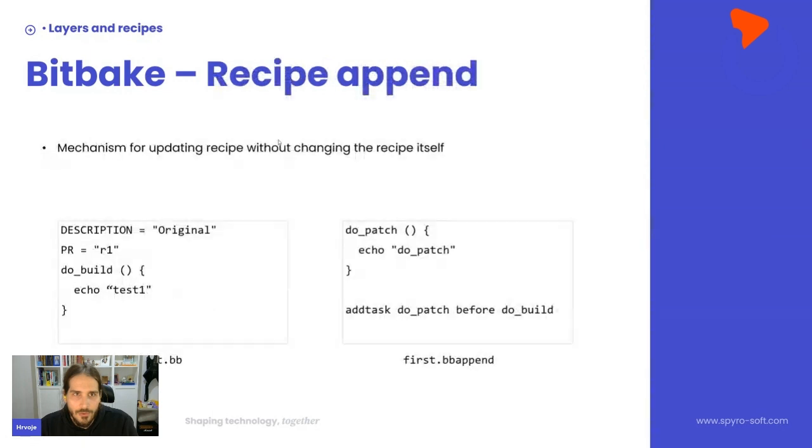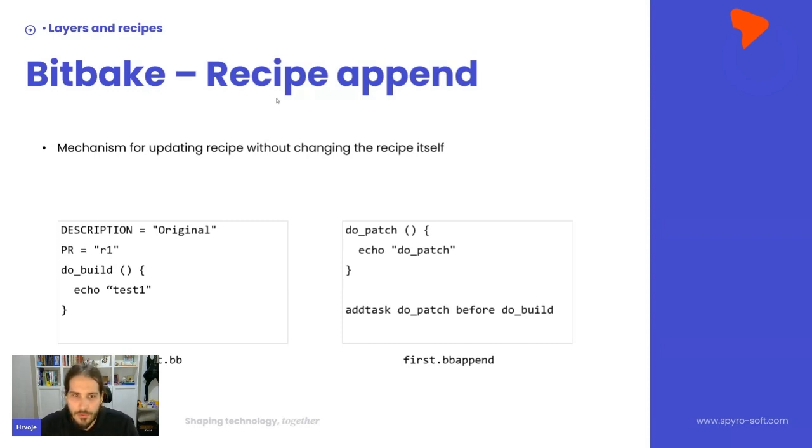Okay, then we also have recipe appends. So this is a mechanism to update the recipe without changing the recipe itself. And we'll see later an example why we would want to do this.